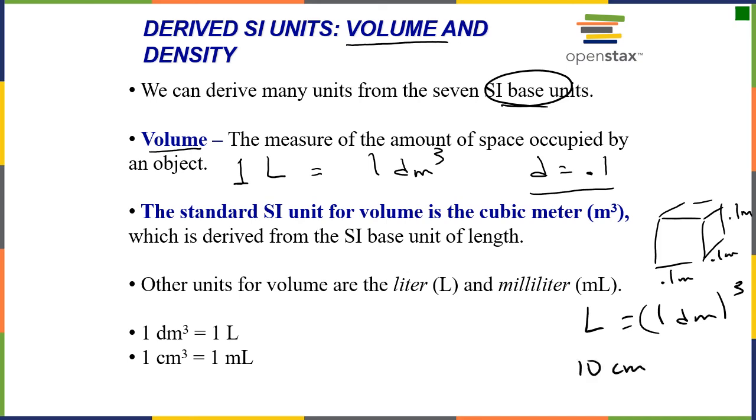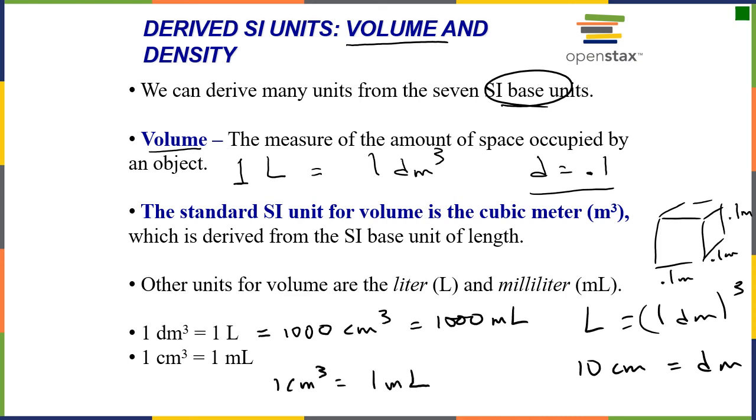Now, there are 10 centimeters in a decimeter, and so I can equally do this in terms of other units aside from just a liter. So 1 decimeter cubed is a liter, which is going to be the same as 1,000 centimeters cubed, which is going to be the same as 1,000 milliliters, or equally 1 centimeter cubed is equal to 1 milliliter.